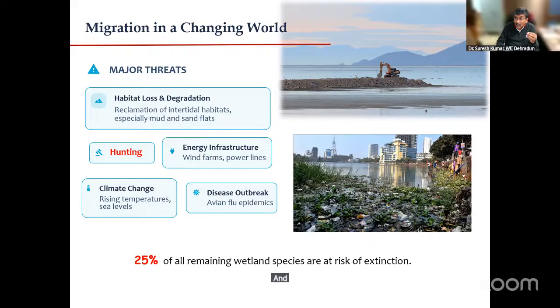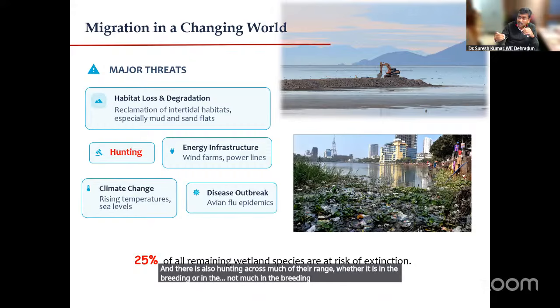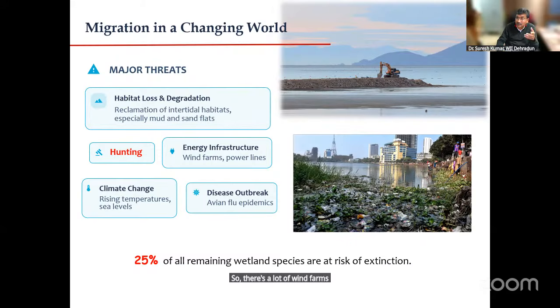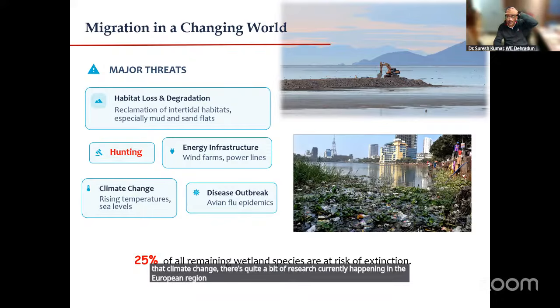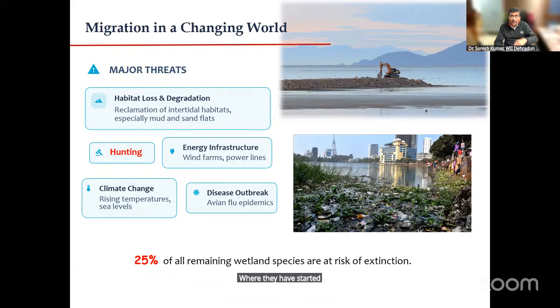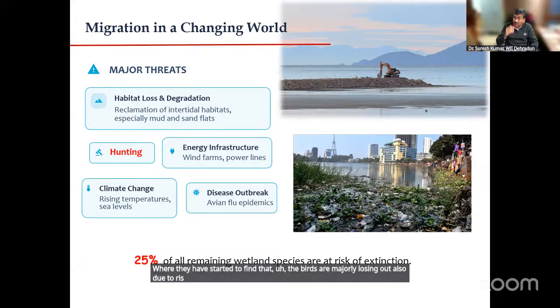And there is also hunting across much of their range, not much in the breeding grounds, but primarily in stopover and wintering sites, which are closer to the tropics. There are a lot of wind farms and power lines that are also coming up. With climate change, there's quite a bit of research currently happening in the European region, higher up in the Arctic, where they have started to find that the birds are majorly losing out also due to rising temperatures and unpredictable weather conditions.